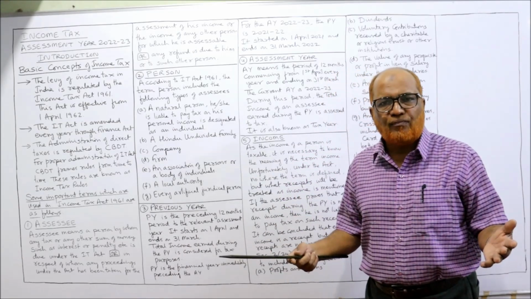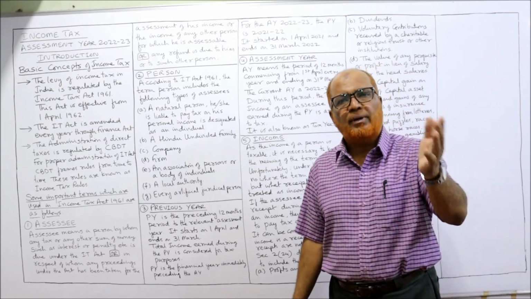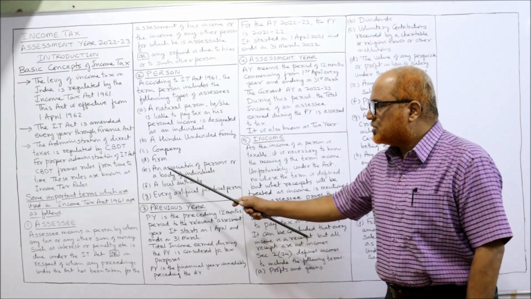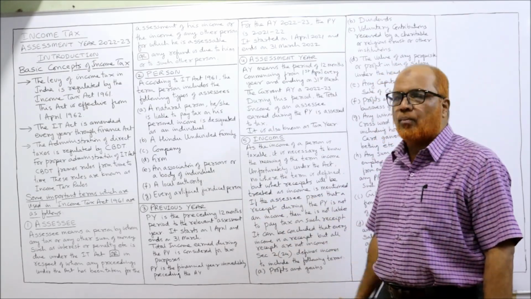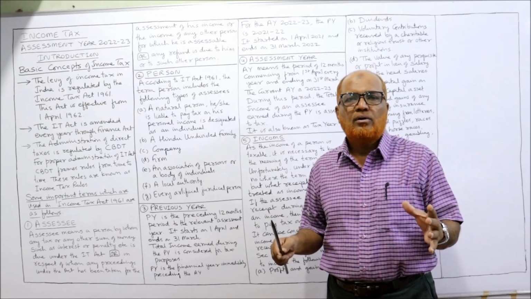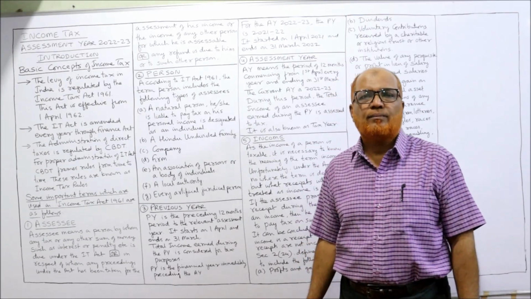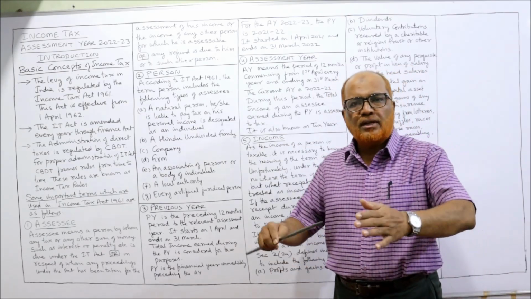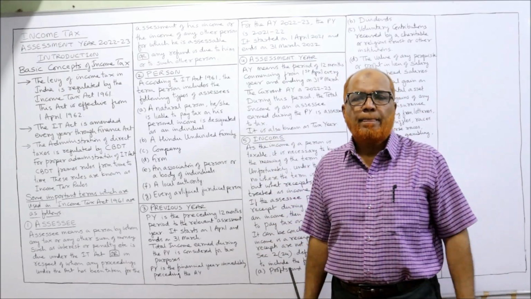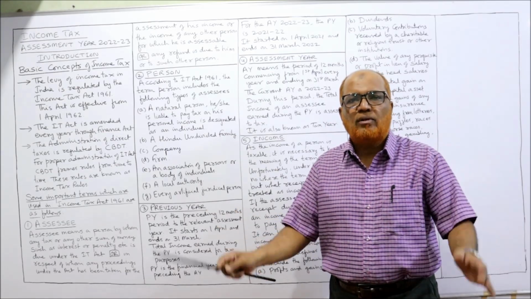So a partnership firm is a person, a company is a person, a Hindu undivided family is a person, a natural person is a person. Next comes an association of persons or a body of individuals. A group of persons formed for performing a specific purpose. Example, joint venture. Two or more persons join together to construct a building. Once the building is constructed, the relationship will be over, the contract will be over.